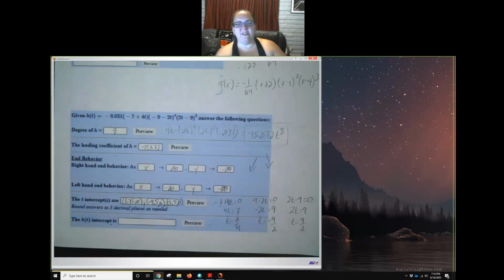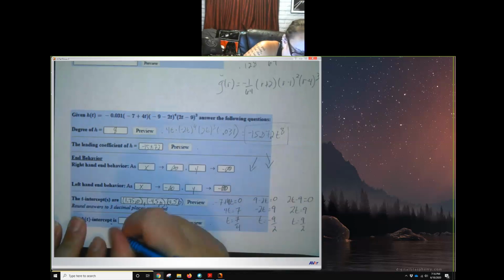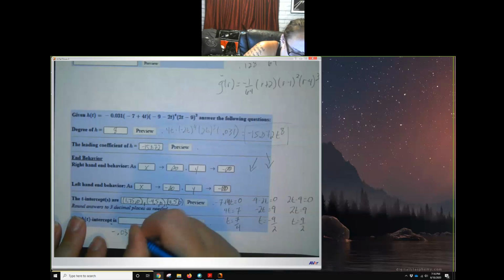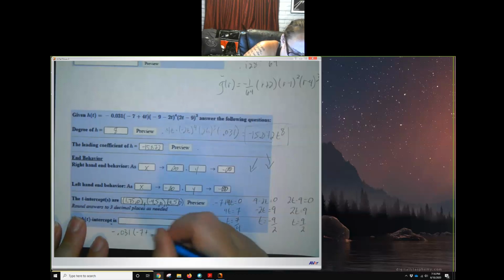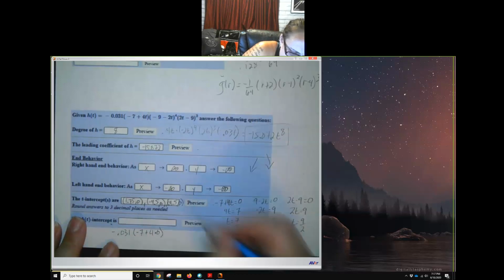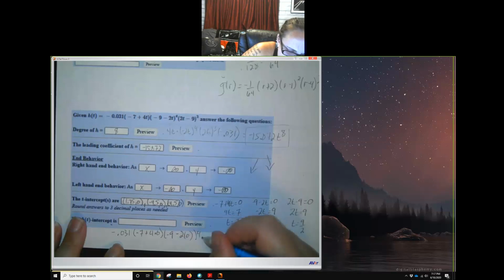So again, to find the intercepts, you set each factor equal to 0 and solve. To find the h-intercept, you make t 0. 0.031 times negative 7 plus 4 times 0, times negative 9 minus 2 times 0 to the fourth, times 2 times 0 minus 9 to the third.